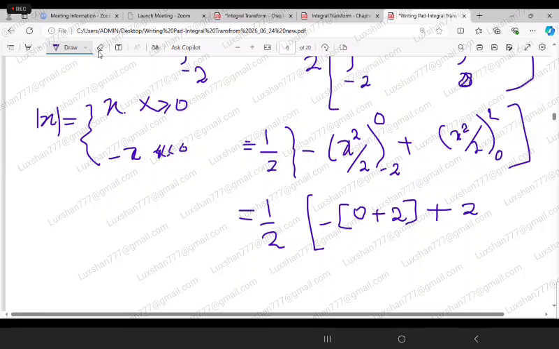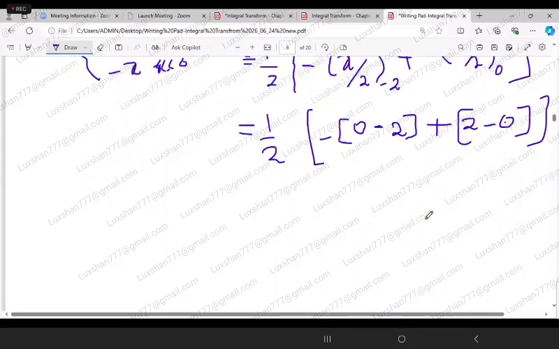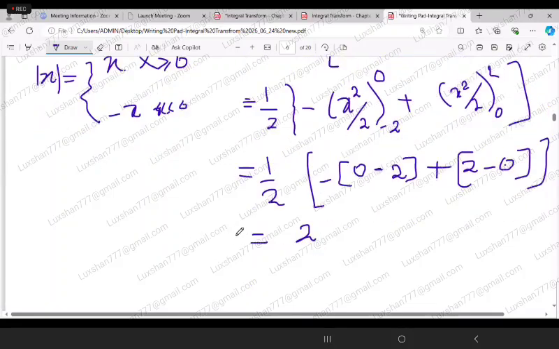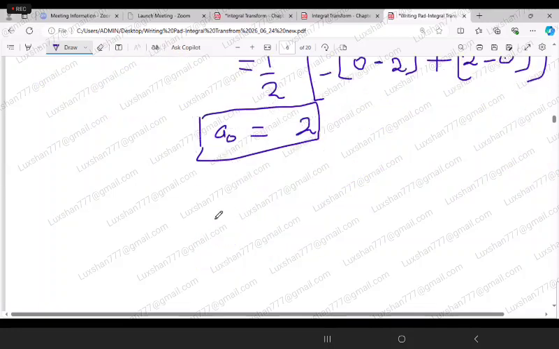I'm sorry, this should be minus, no? So 2 minus 0. Minus into minus is plus, plus 2 is 4. 4 divided by 2 is equal to 2. So a naught is equal to 2.